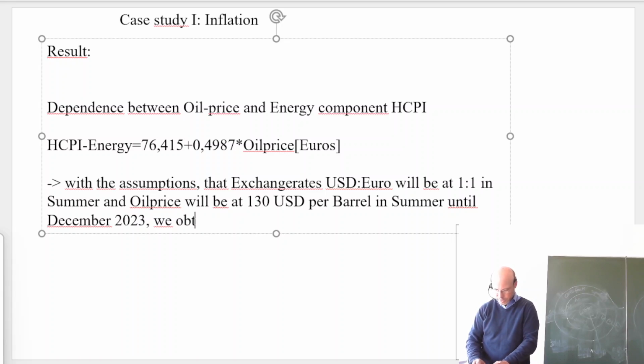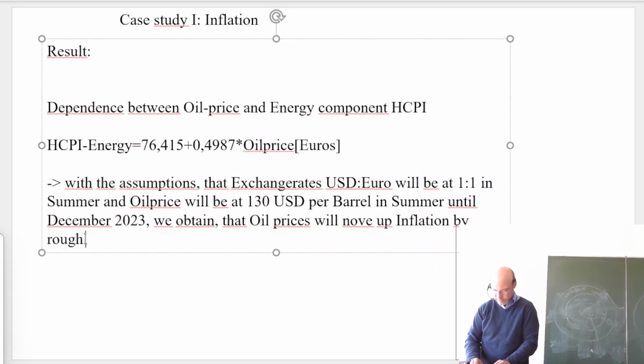We obtain that oil prices will move up inflation by roughly 0.5 percentage points.